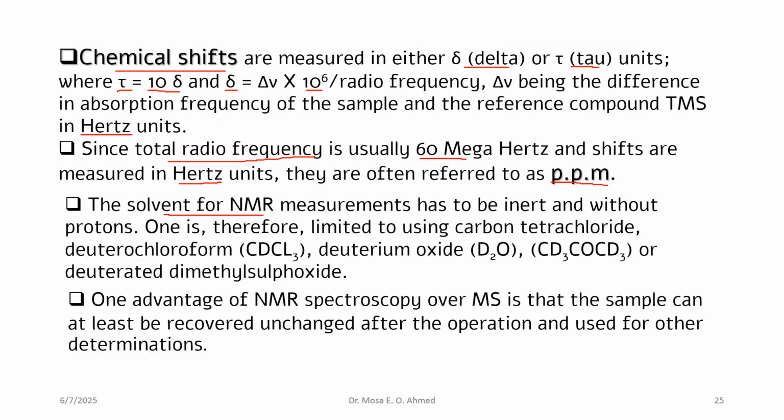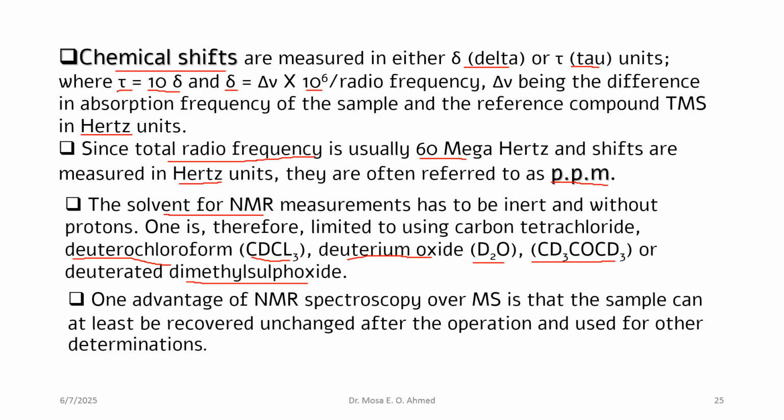The solvent used for NMR measurement should be inert and without protons, so as not to interfere with the reading of the apparatus, and we usually use deuterated chloroform, CDCl3, without protons, or deuterium oxide, D2O, or deuterated dimethyl sulfoxide.